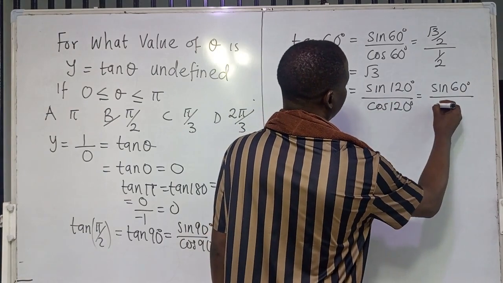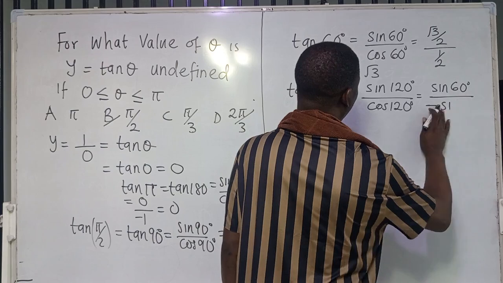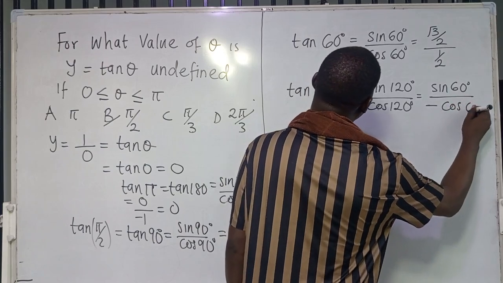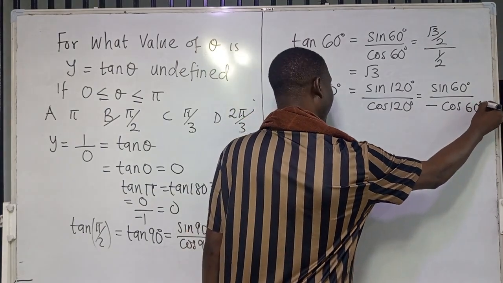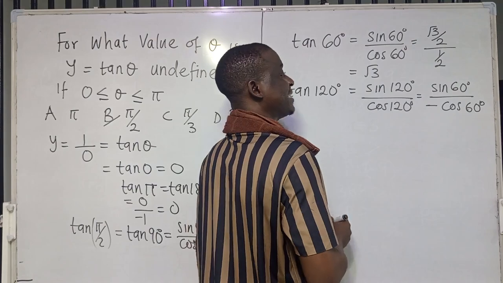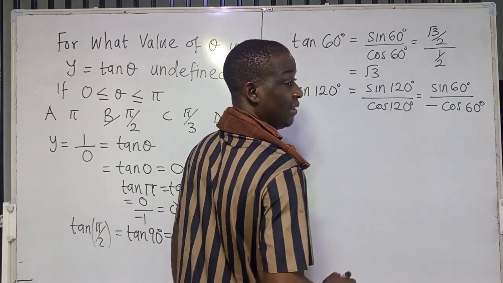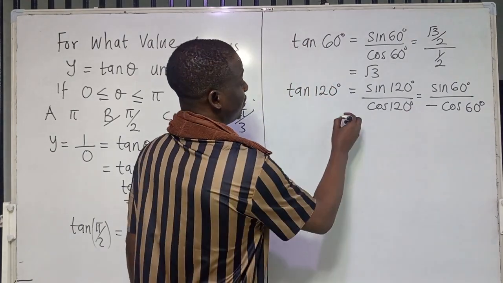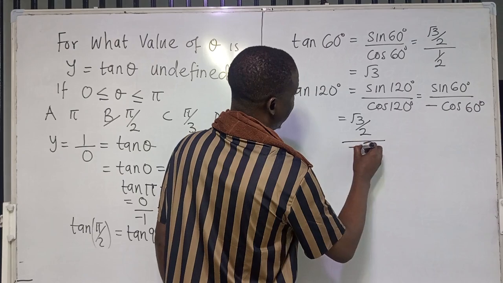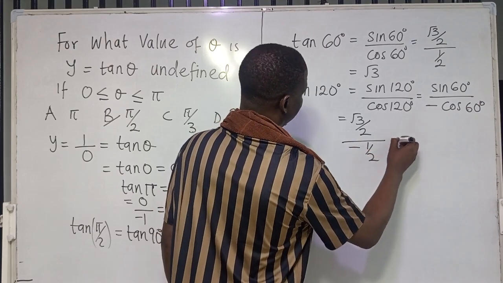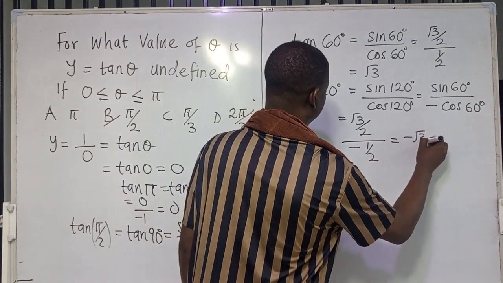Then cos is equivalent to minus cos 60 degrees. Why is minus there? 180 minus 120 is 60, but 120 falls in the second quadrant where cos has a minus sign. So you are going to have root 3 over 2 divided by minus 1 over 2, which gives minus root 3.